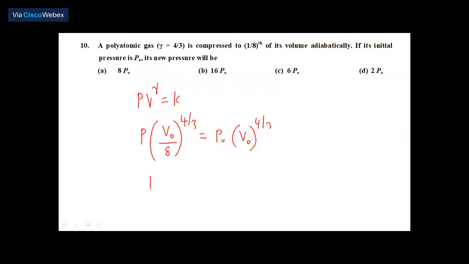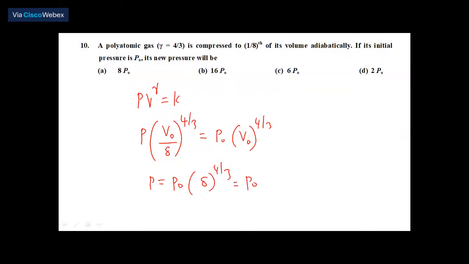Now what is P equal to? V0 to the power 4/3 gets cancelled on both sides, and 8 to the power 4/3 goes to the other side. So P is P0 into 8 to the power 4/3.